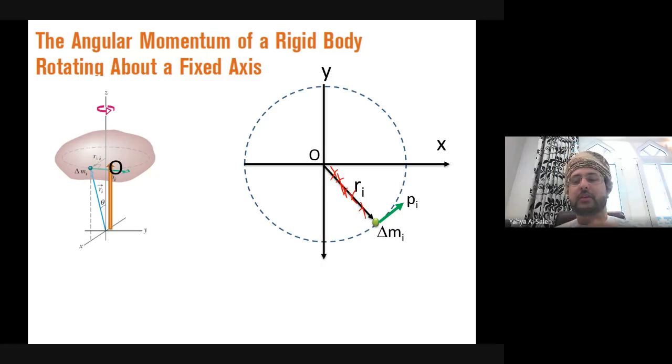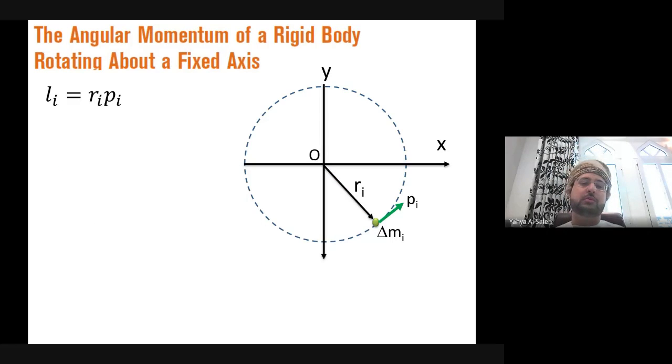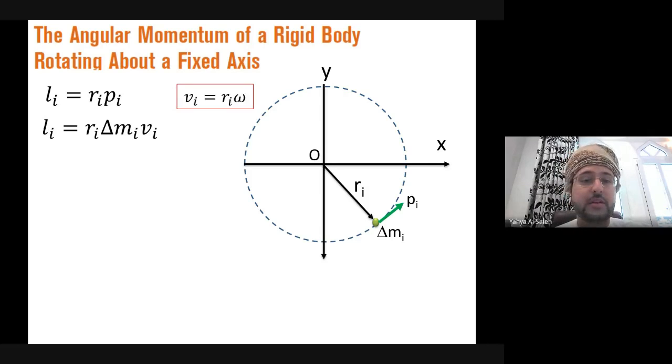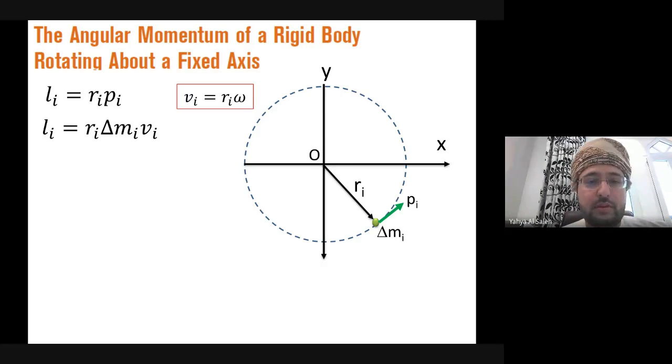So we need to take the r p or r m v of each tiny bit and add them all up. And whenever we say add them all up, we already know what's coming next. The easiest thing to do is to integrate rather than to add up 2 billion different numbers. So we also know v equals r omega.